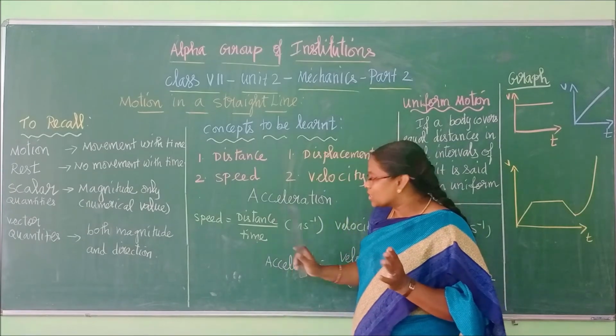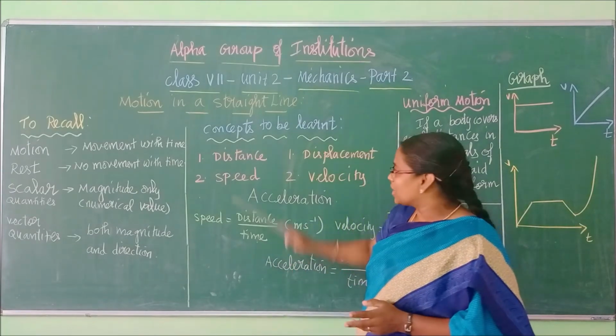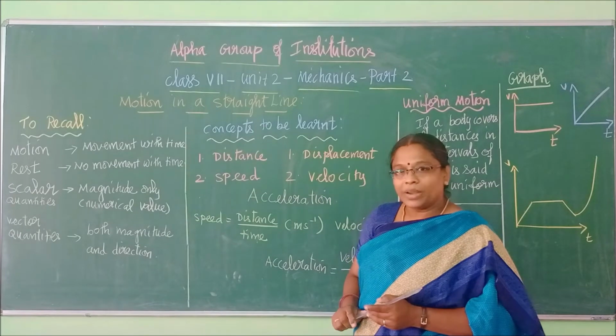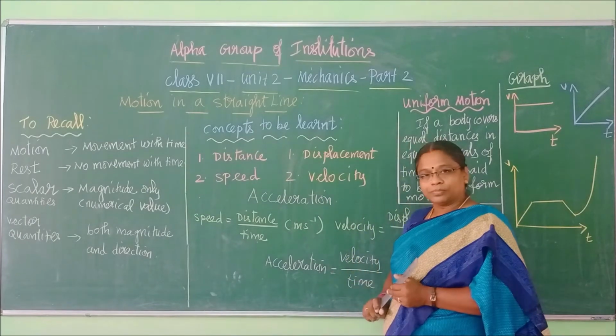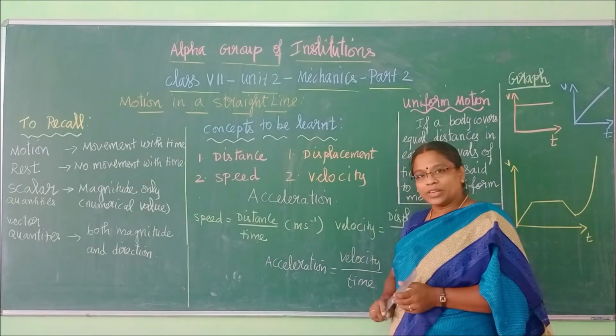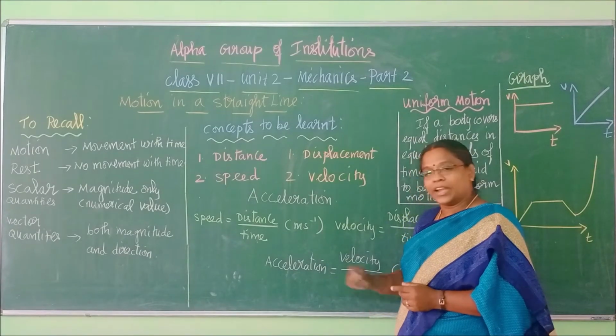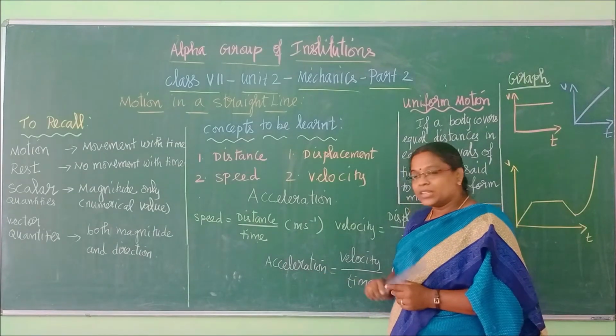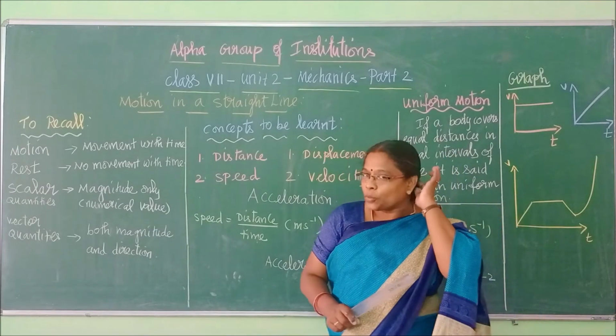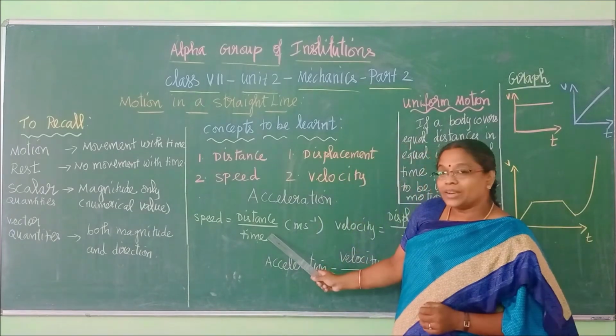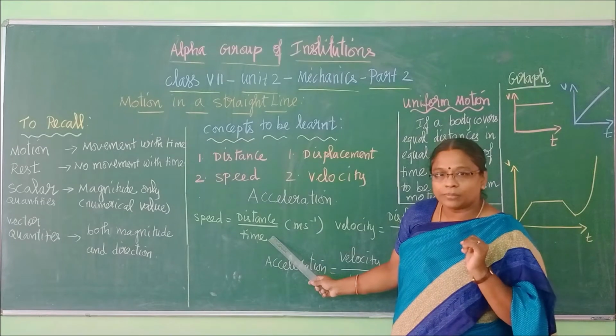Now what is the distance unit? Meter. What is the time unit? Don't blink, children. What is the time unit? Second. So that second unit is in the denominator, and it has power 1.